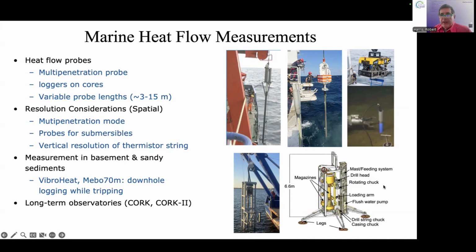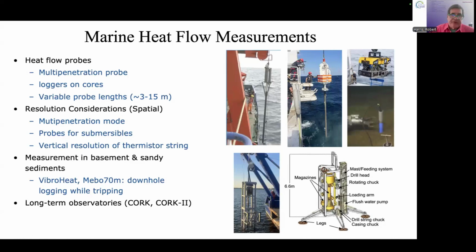There's also the Germans have developed this rock drilling instrument called the MEBO. It can make temperature measurements with IODP or other drilling operations. You might log the hole while you're tripping pipe or tripping drill strings, that kind of thing. And then finally, once those boreholes are drilled, they can be sealed at the top.